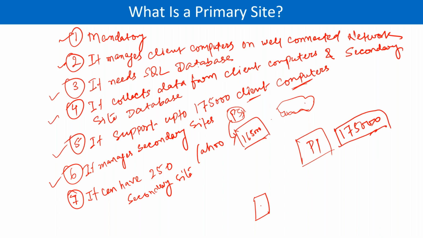So on your phone you install Gmail, that will connect to the Gmail server, and from there you will be able to download your emails on your mobile. Similarly, on whatever computers you have, let's say 10,000 or 20,000, you need to install the SCCM client in every machine, and that client will talk to the primary site.